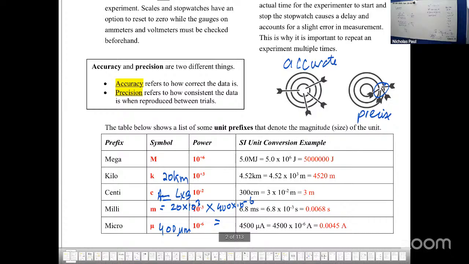So put 20 and look for 10 to the power x, or those with a sharp, look for exp. So put 20 by 10 to the power of 3 multiplied by 400 by 10 to the power of minus 6. I got 8 as the answer, 8 meters squared. Right? 8 meters squared.